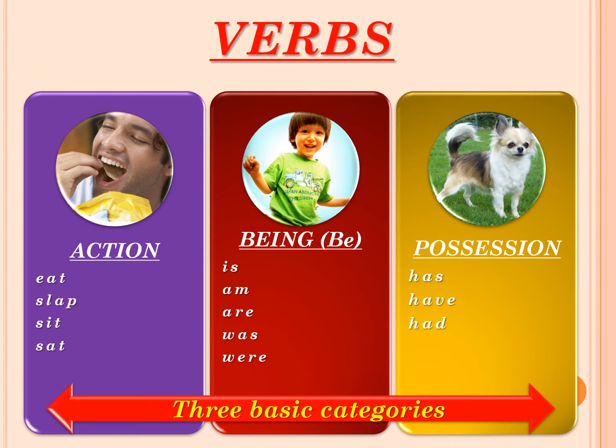Have a look at this picture. I have a dog. So the word have here is telling that I possess a dog. So have here is telling us about my possession. And the word have is a verb which is showing possession.